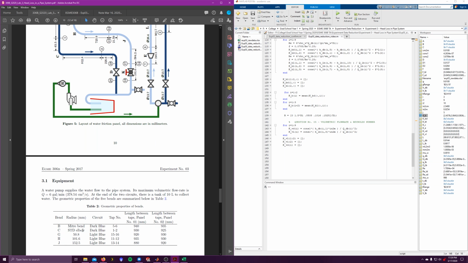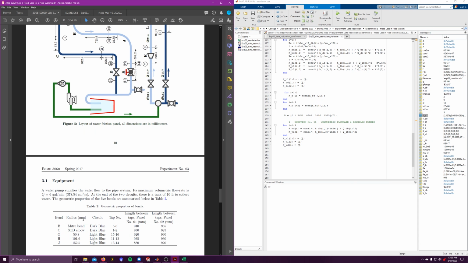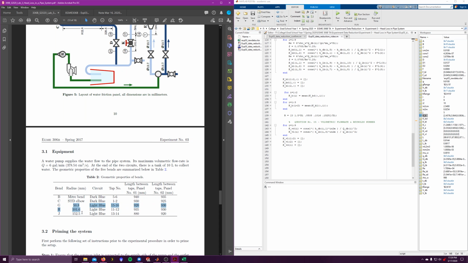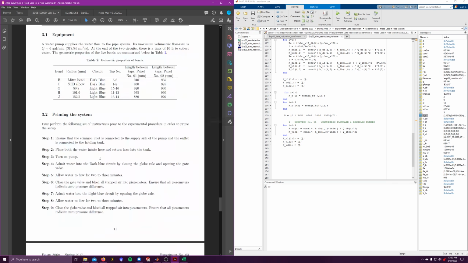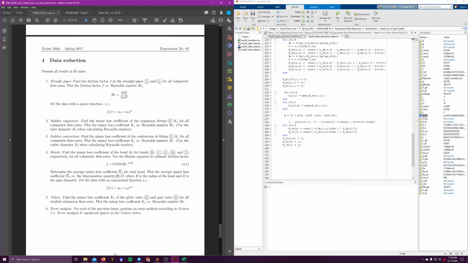For the STD elbow, that's going to be 1.5 times the diameter. That's C right here. And then we have the radii listed for the rest of the bends right there. Then we're going to convert that to meters.